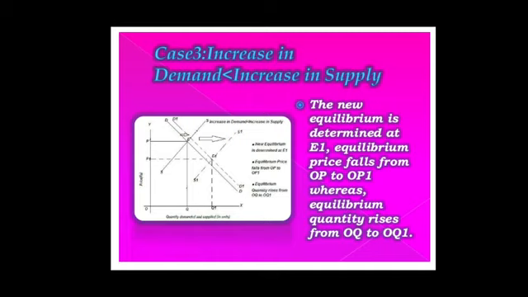The excess supply will lead the equilibrium price to fall from OP to OP1, whereas the equilibrium quantity increases from OQ to OQ1, as there is increase in both demand and supply. So we can say that when increase in demand is less than increase in supply, or in other words, when increase in supply is greater than increase in demand, then the equilibrium price will fall and the equilibrium quantity will increase.